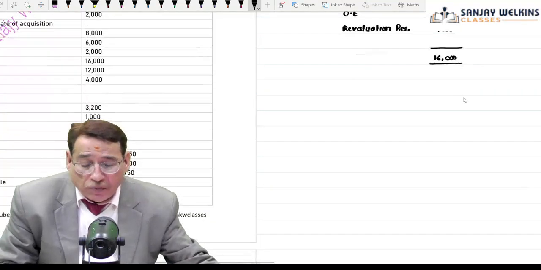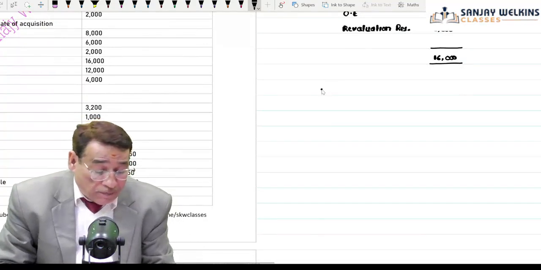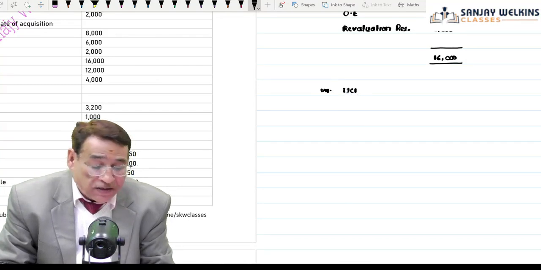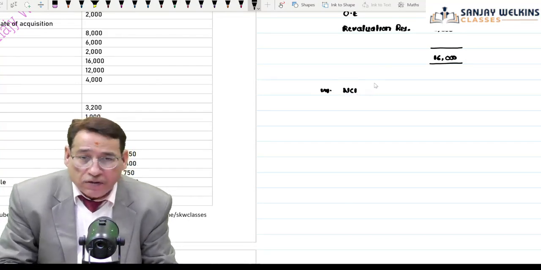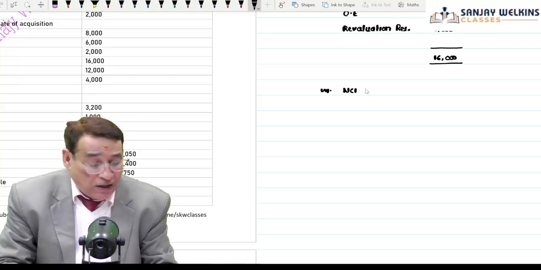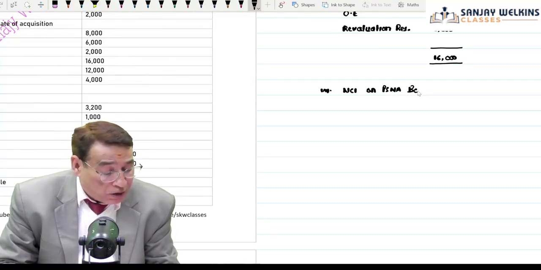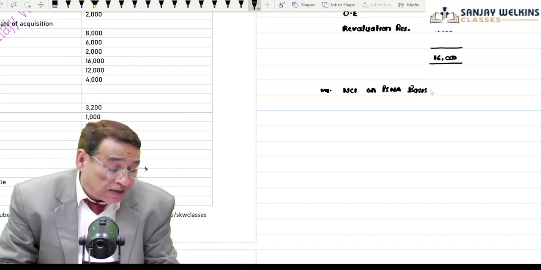Now you have determined the net assets also. Now, step number 7. Under it, you are going to find out NCI, correct? So I am going to write here NCI. And in this question, it is clearly written that NCI needs to be found out on the basis of proportionate share of net assets. So NCI on PSNA basis means proportionate share of net assets basis.